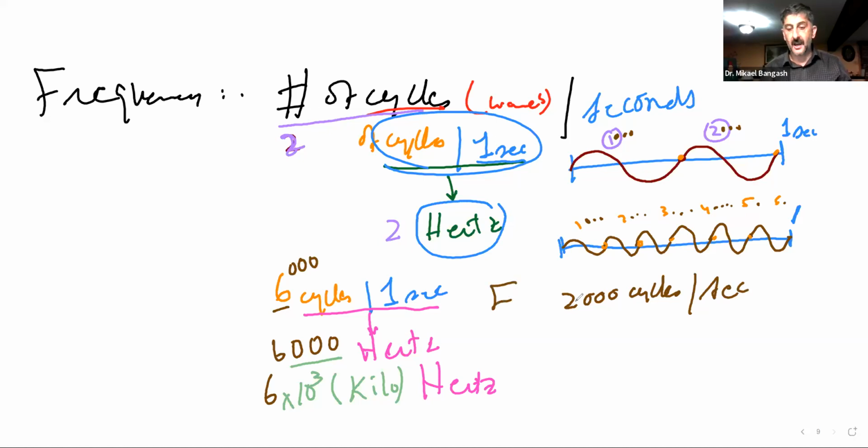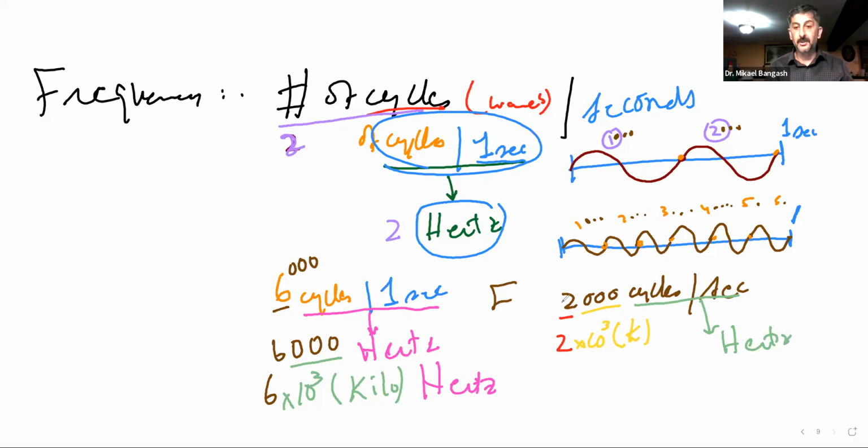This 2,000 cycles per second could become 2, where the 1,000 becomes this, and cycles per second becomes hertz.